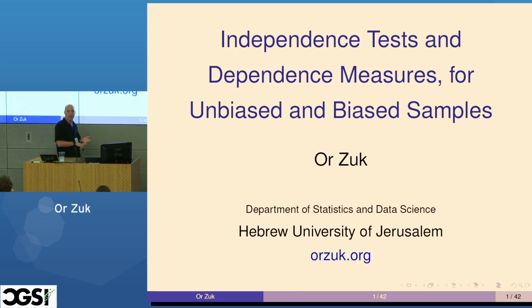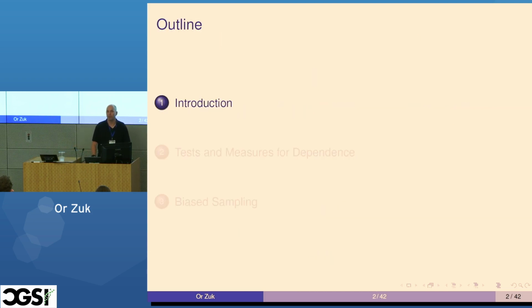We're going to ask what type of dependency do we care about? Do we have power to detect them? Is it identifiable from samples? What's happening when we don't just sample from the joint distribution of the two variables, but we have some biases? How are we going to correct for that? So things will get more and more complex as we go. And feel free to stop me for any questions. Any questions? All right.